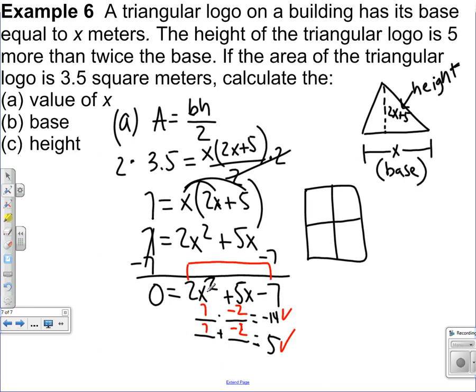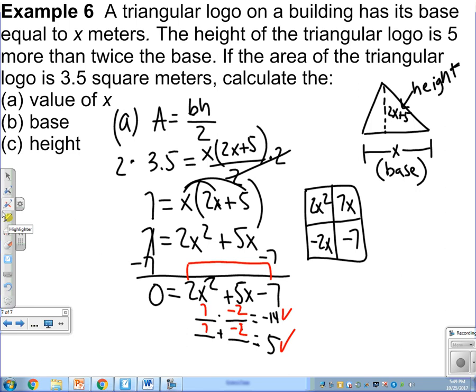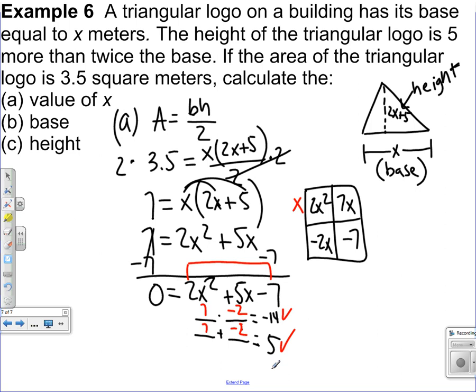First box, first piece. Last box, last piece. Along the diagonal, we put our lucky lotto numbers, attaching the variable to it. And now we want to start factoring stuff out. GCF of 2x squared and 7x is ordinary plain old x. GCF of negative 2 and negative 7 is negative 1.